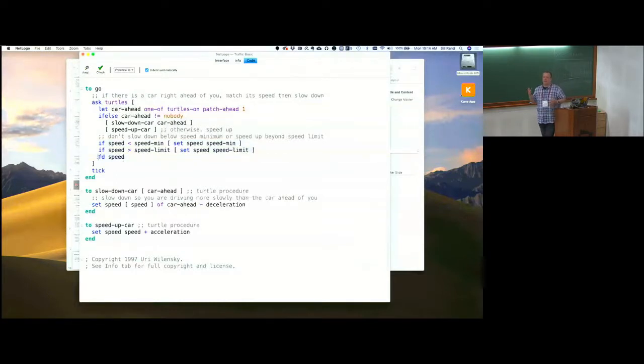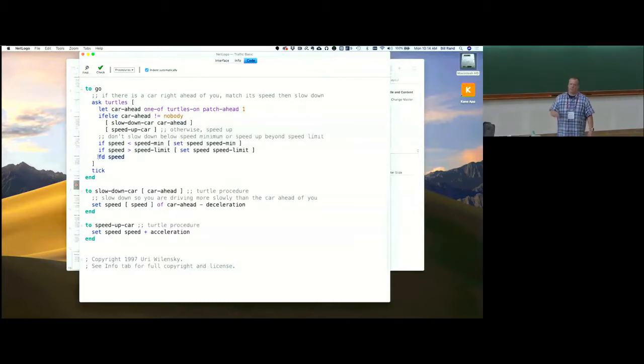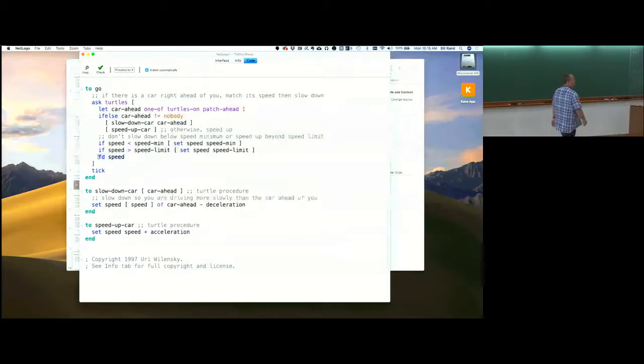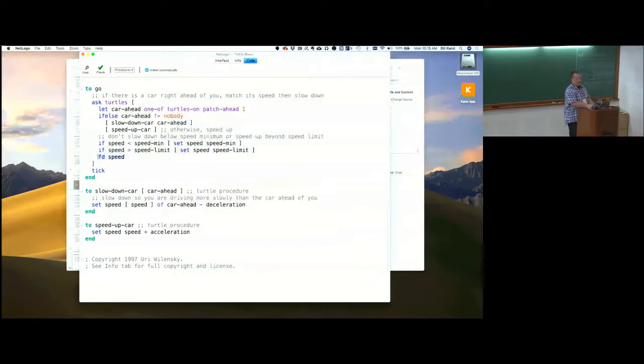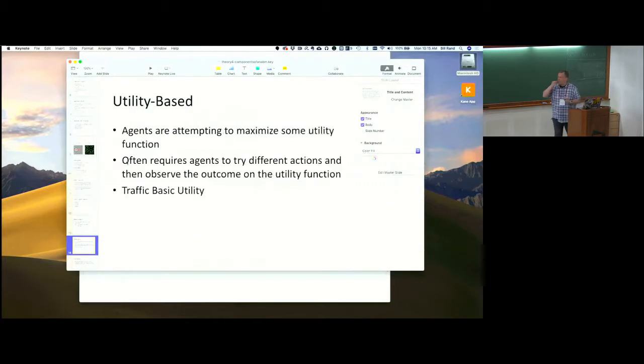So this is an if-then kind of purely what we would call a reflexive agent rule, right? Where all that matters is that the agent is just saying, if there's something ahead of me, then slow down, otherwise speed up, right? But that's not really a very complex cognition. So let's talk about the next type of cognition. So the next type of cognition is utility-based.